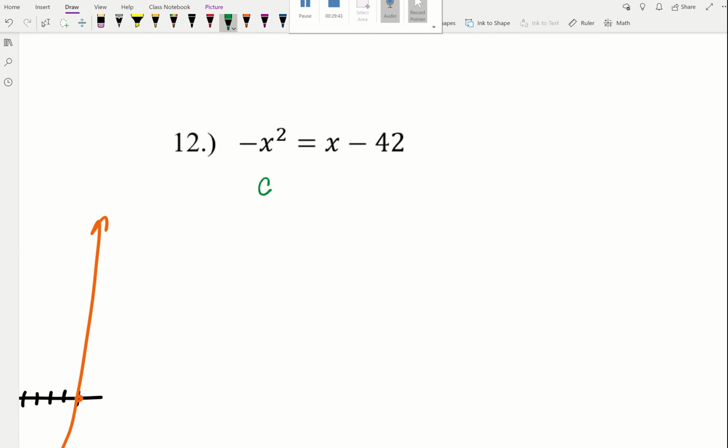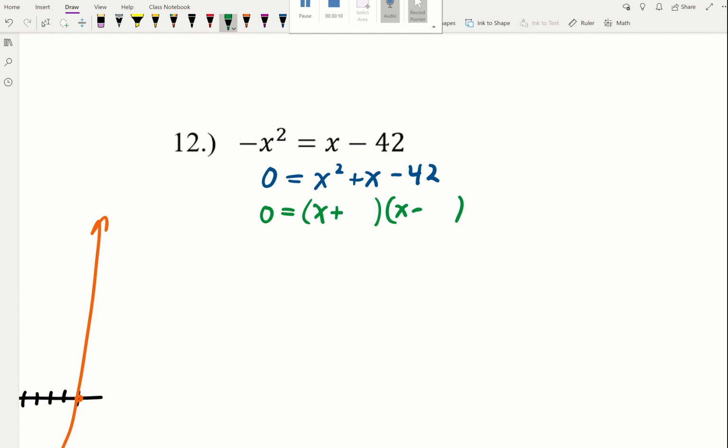So I'm going to make the 0 be on the left side, excuse me, the right side, by moving the x squared over here. So I'm going to add x squared to get x squared plus x minus 42. Now I'm going to go ahead and factor it. There's no GCF, so I'm going to do two binomials, x and x, negative 42, plus and minus.